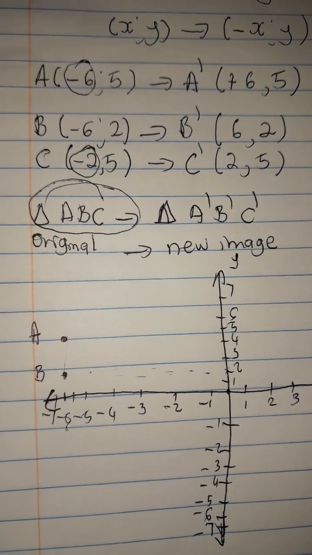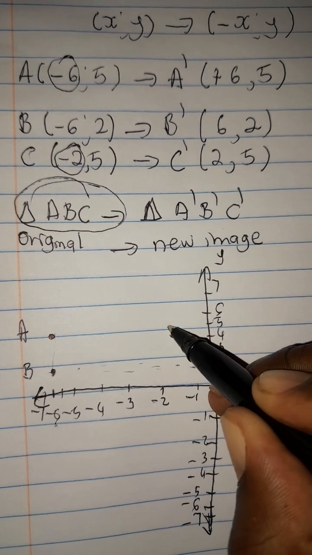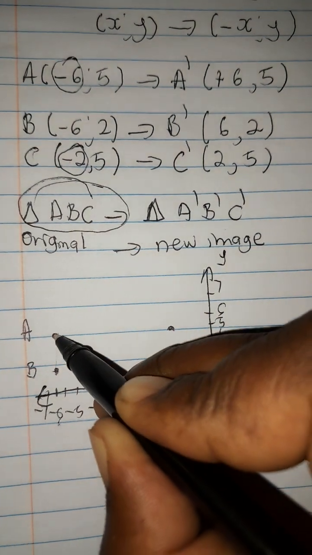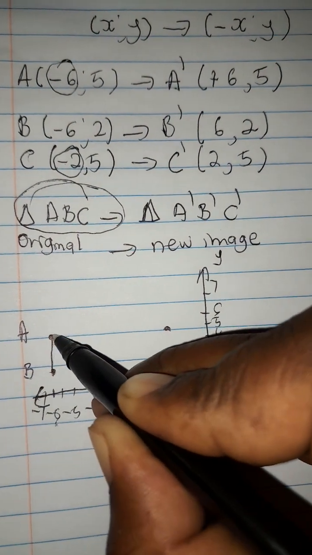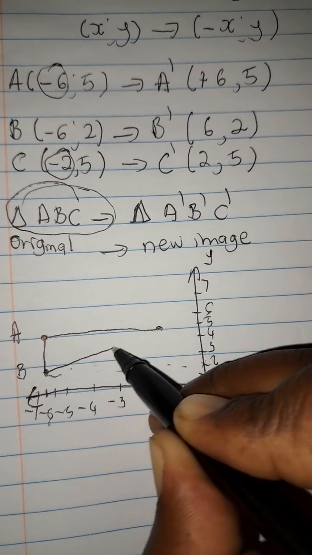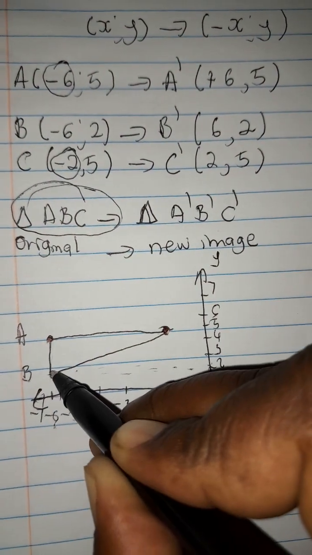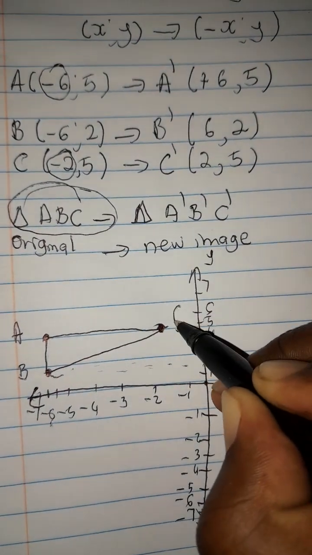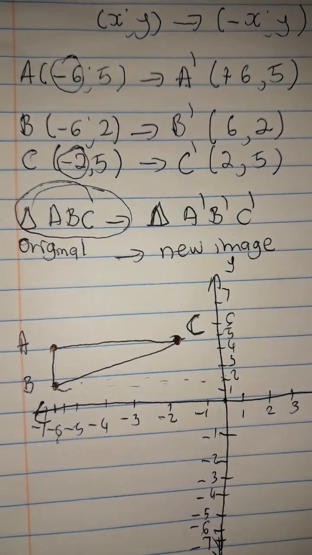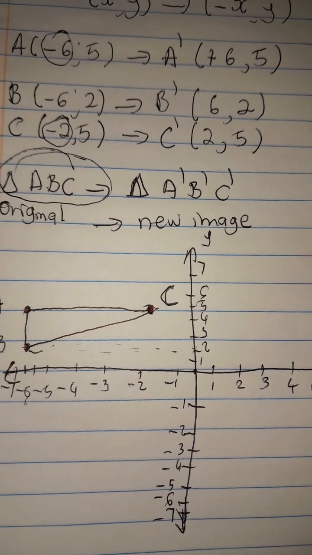Then we have (-2, 5). We can see it forms a triangle. Therefore, this is triangle ABC.